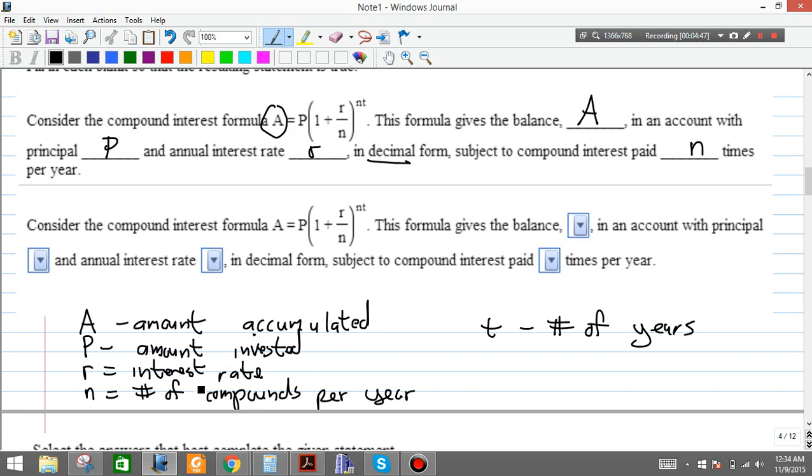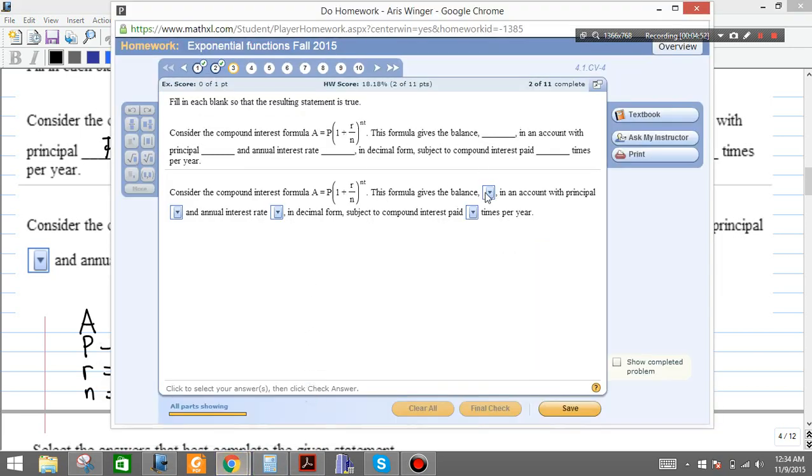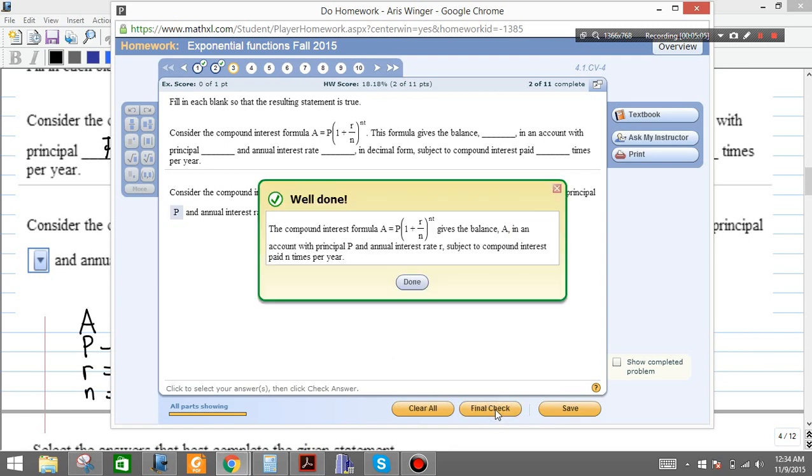Okay, so we'll put that in. Principal P, interest rate R, paid n times a year.